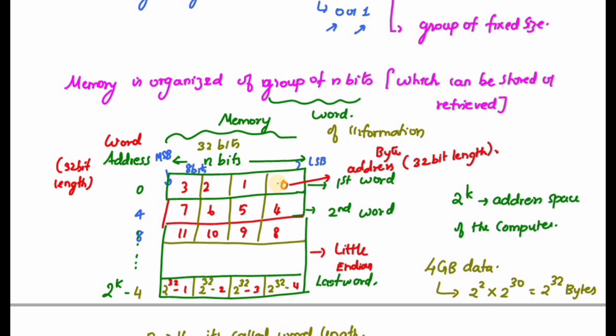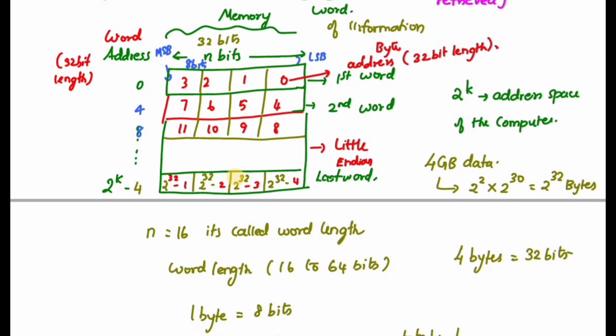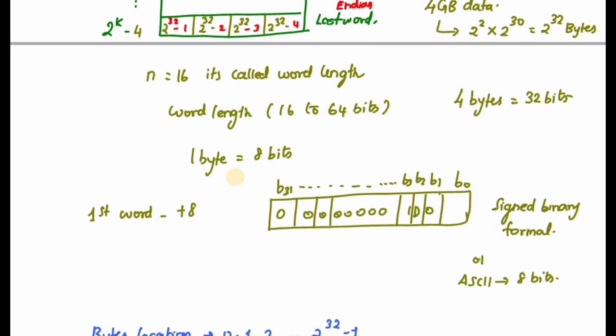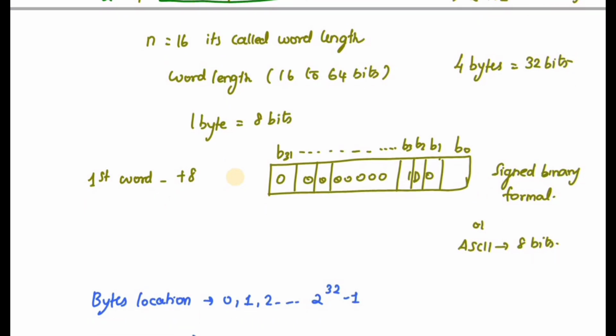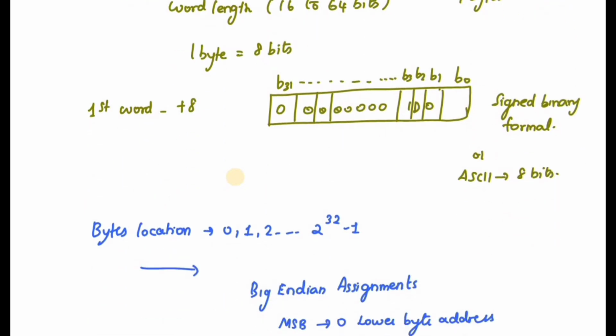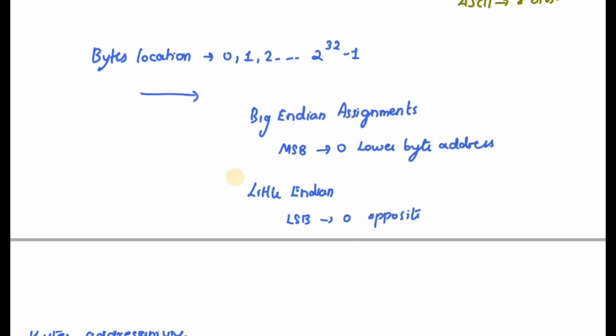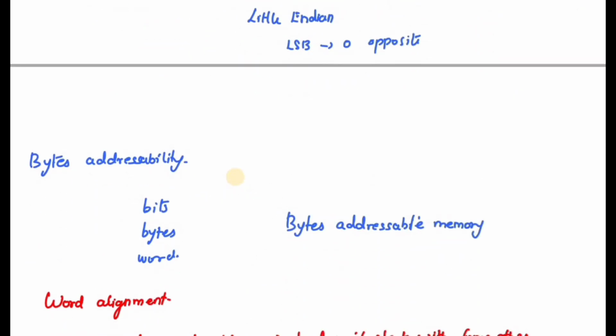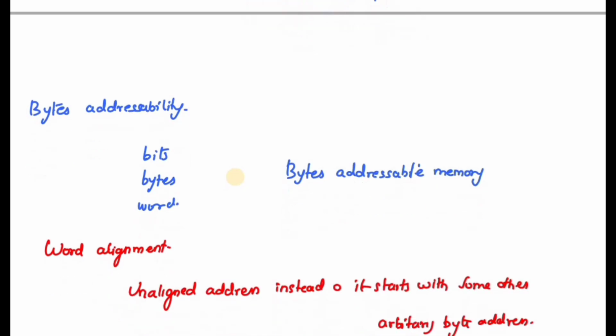If I assign the LSB as 0, it is nothing but little endian. Suppose the MSB is 0, it is called big endian. Next, byte addressability means that since we are using a byte address for storing the group of bits, it is called byte addressable memory.